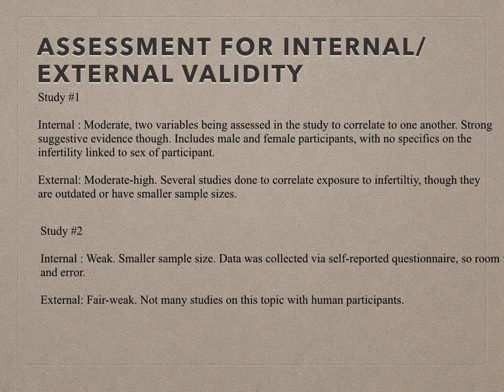This study does include male and female participants, and there are no specifics on the infertility linked to the sex of the participant. For external validity, it is moderate to high.